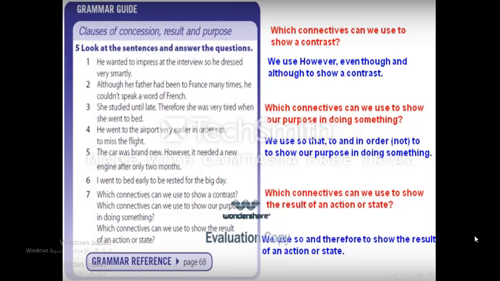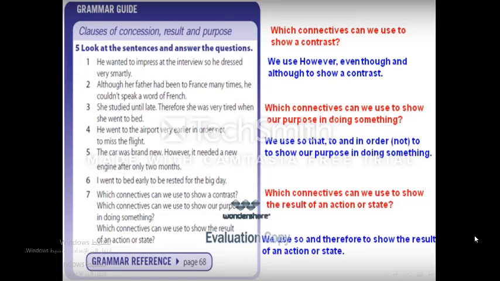Look at the sentences and answer the questions. He wanted to impress at the interview, so he dressed very smartly. Although her father had been to France many times, he couldn't speak a word of French. She studied until late.